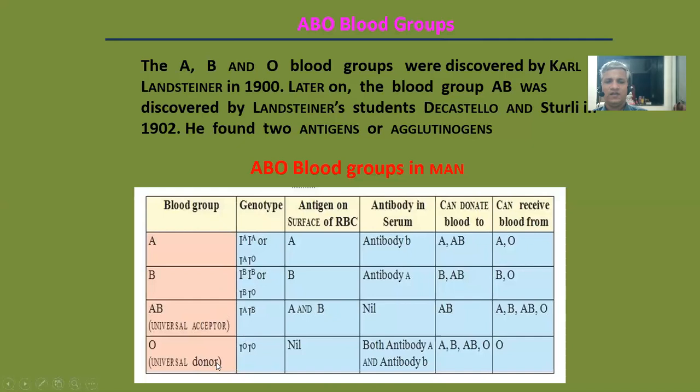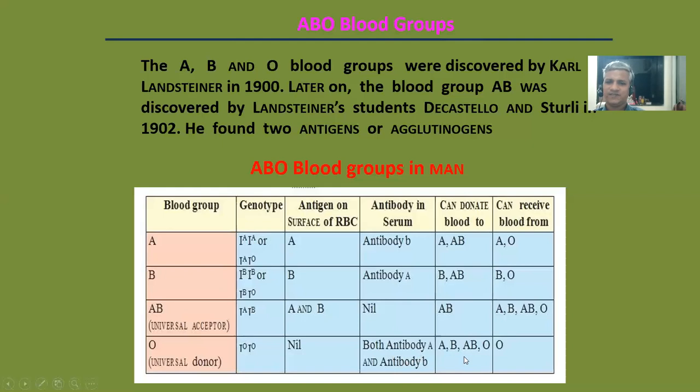The individuals having the blood group O don't have any antigens on the surface of their RBCs, but they have both antibodies, that is antibody A and antibody B in the plasma.